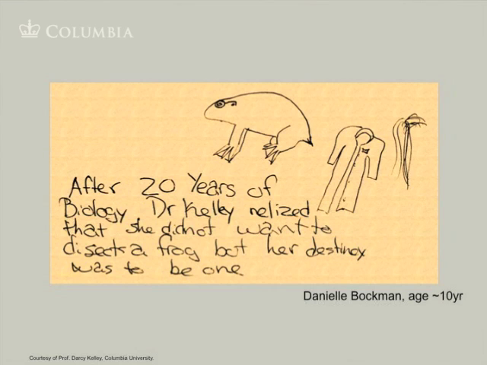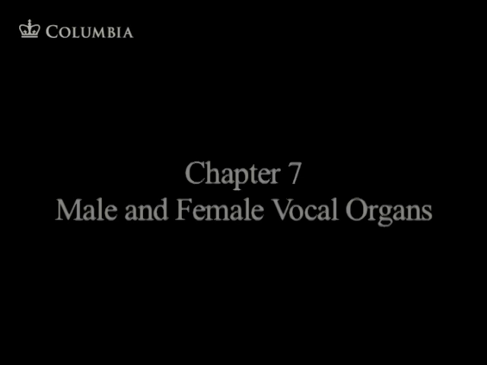So Danny said, after 20 years of biology, Dr. Kelley realized that she did not want to dissect a frog, but her destiny was to be one. And you see here she's put the little glasses on the frog. She's got the lab coat. Here's the wig for the hair of the frog. Identifying with your model organism can often be a great help in experimental studies.